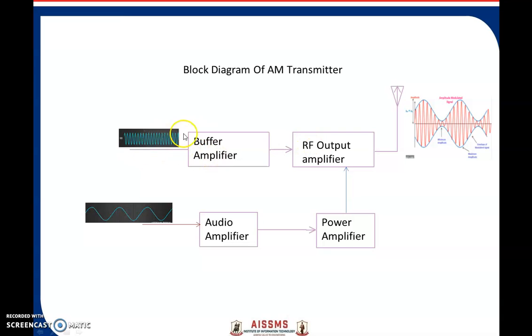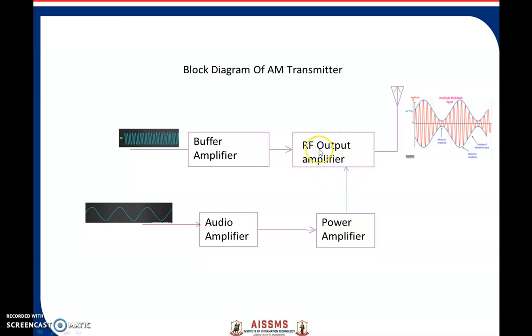So this is the carrier wave which is being supplied to this buffer amplifier, and this is our audio amplifier, and this signal is produced by the mic. When it is produced by the mic, it is amplified by this audio amplifier and provided to the power amplifier.